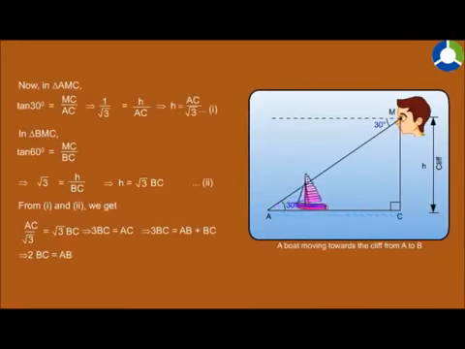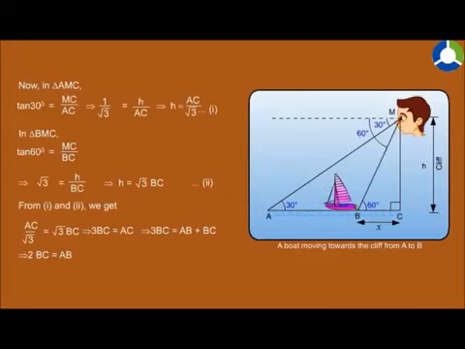Now in triangle AMC, tan 30 degrees equals MC upon AC, which implies that 1 upon root 3 equals h upon AC, which implies that h equals AC upon root 3. Equation 1.